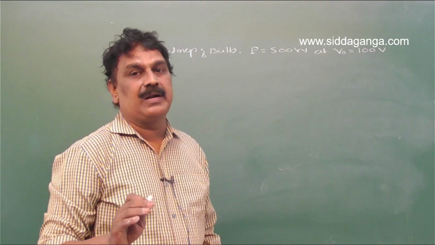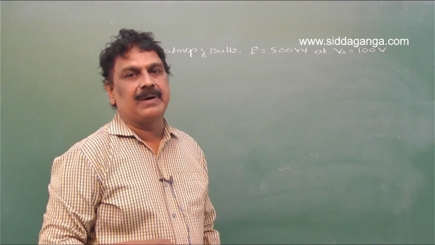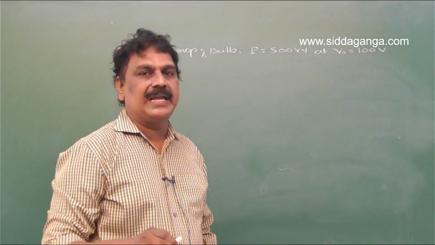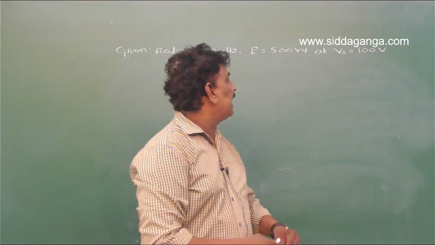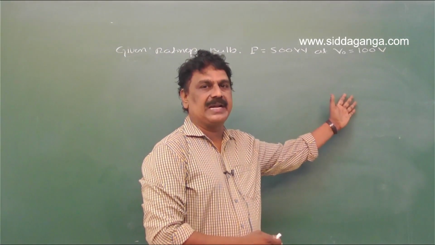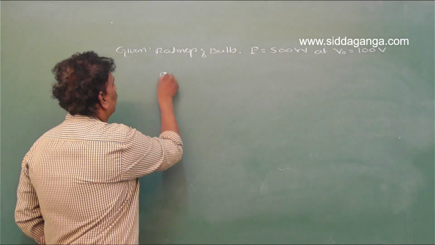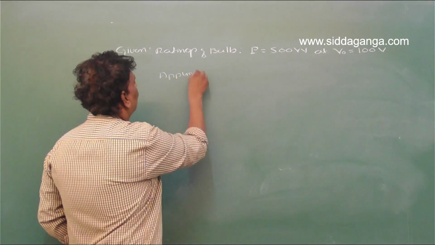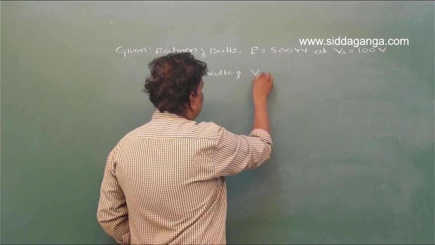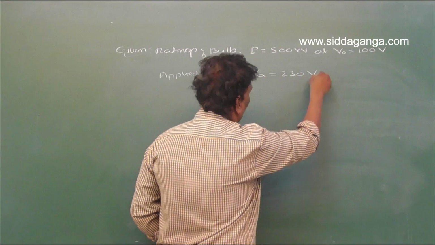Suppose the applied voltage is less than this, then the power of the bulb is less. And if the applied voltage exceeds the rated voltage, say 100 volt, then the bulb may fuse or burn. So here we have been given the applied voltage, VA is equal to 230 volt.